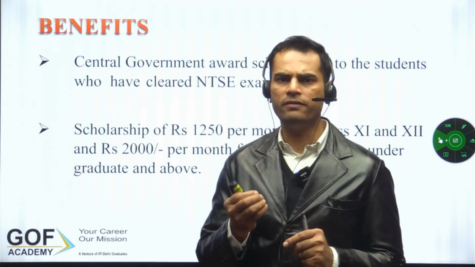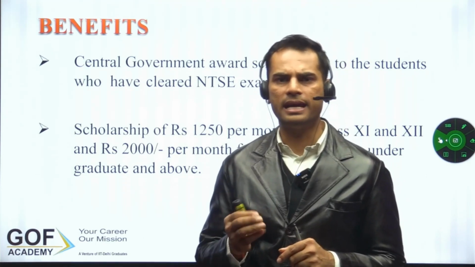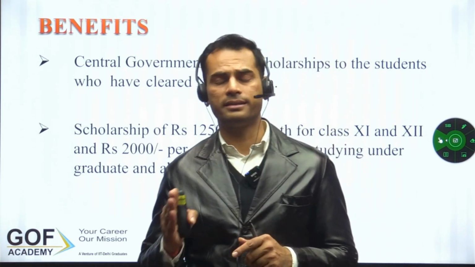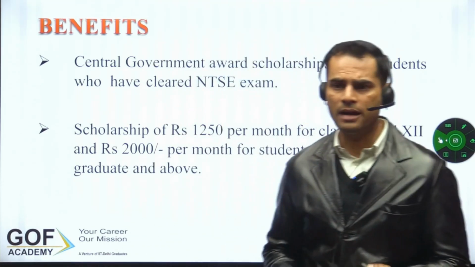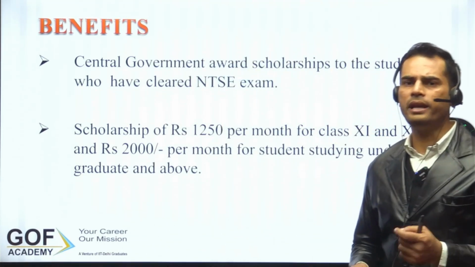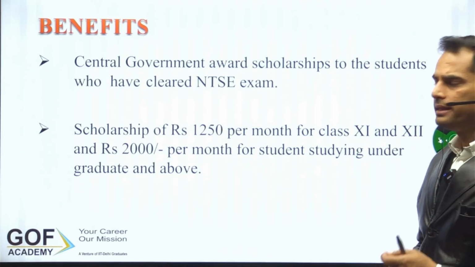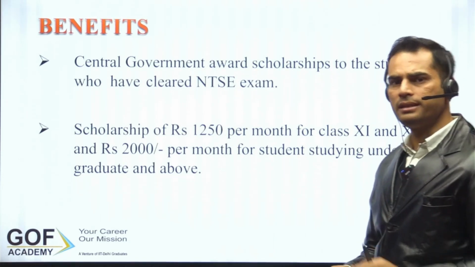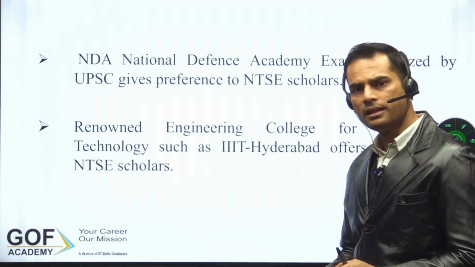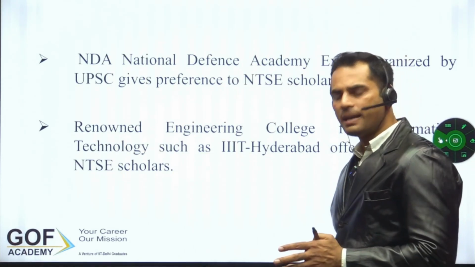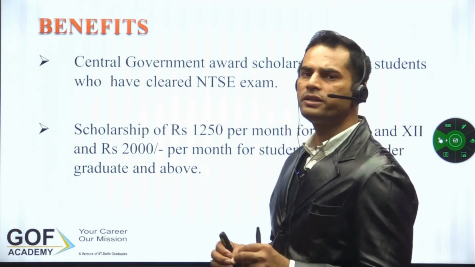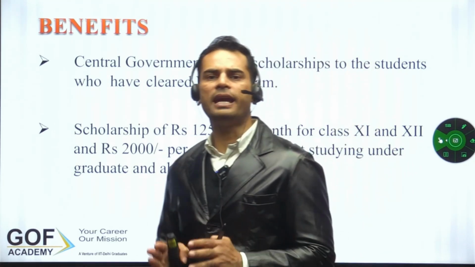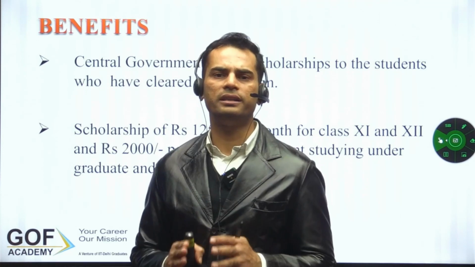So a student gets 1250 rupees per month directly into their bank account when they are in class 11th and class 12th, 2000 rupees when they move to graduation and post graduation, and nearly 28,000 rupees when they do their PhD. That means by qualifying one examination at class 10th level, students are entitled to receive a scholarship from the Government of India till the time they complete their highest level of education, that is PhD.